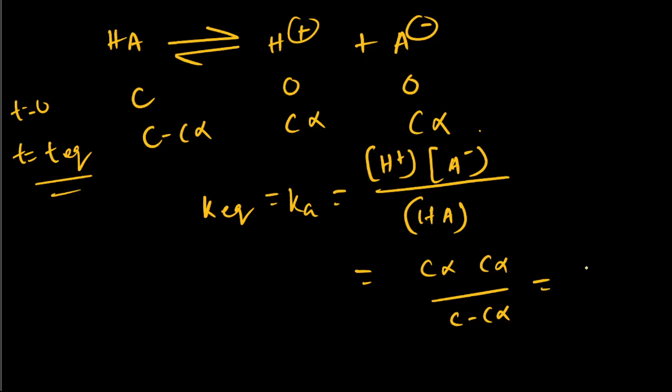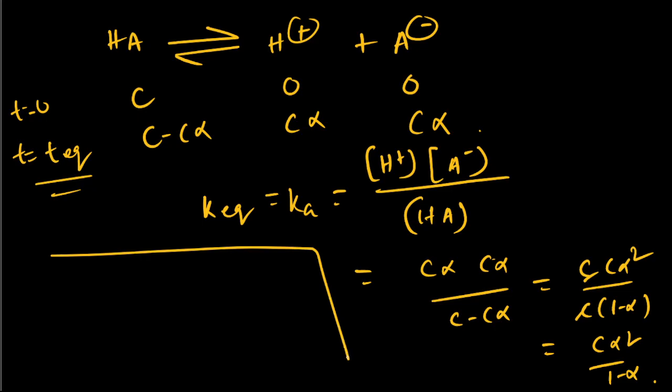So if you do this, C minus C alpha, I can say C times 1 minus alpha. This cancels. Two alphas are there, so this is going to be C alpha square over 1 minus alpha. And he says that for weak acids, alpha is very small, around 0.05.